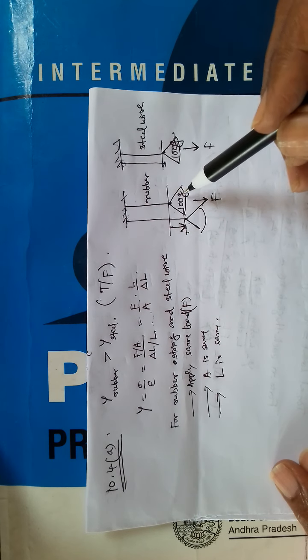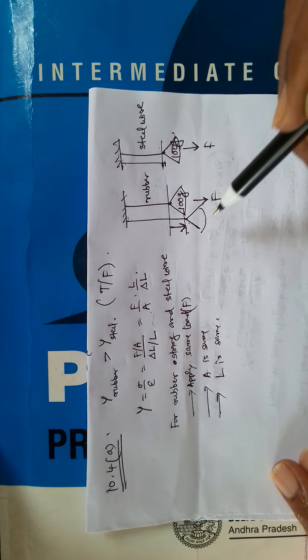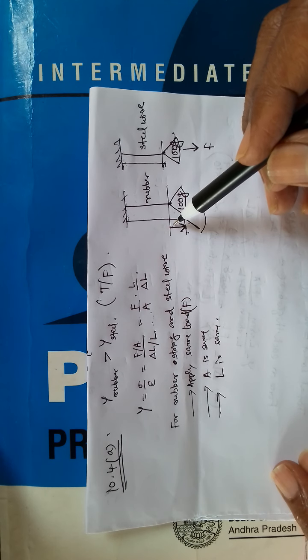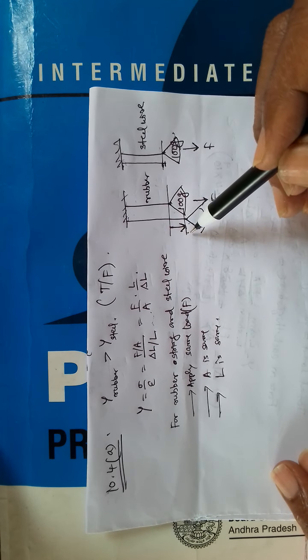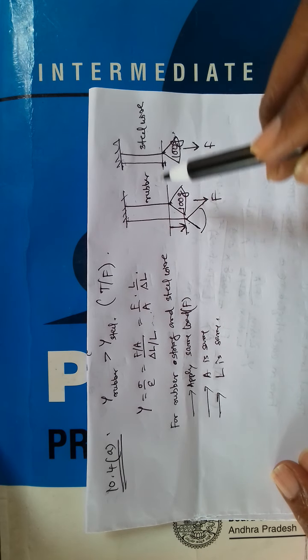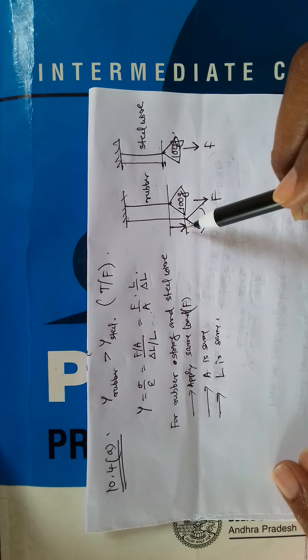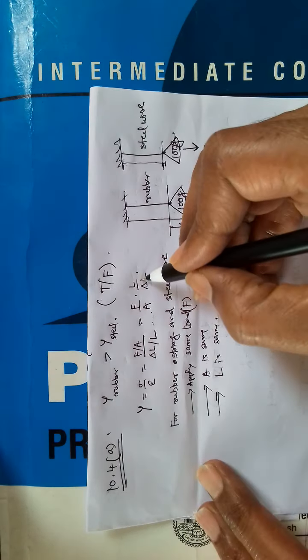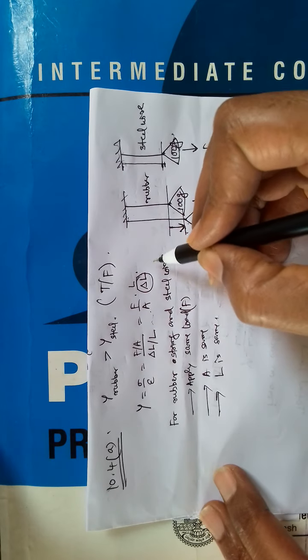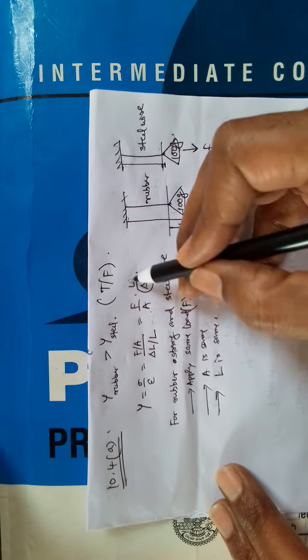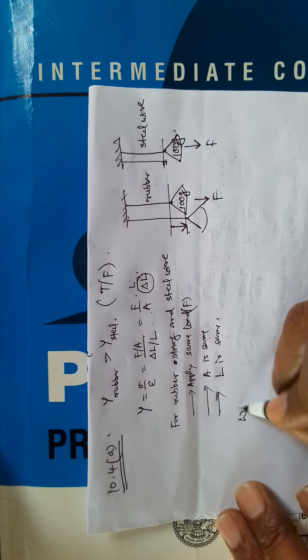For our rubber band, 100 grams is a large mass, and here you see appreciable stretching, appreciable extension. So when you compare two wires, in case of rubber, the elongation is more.